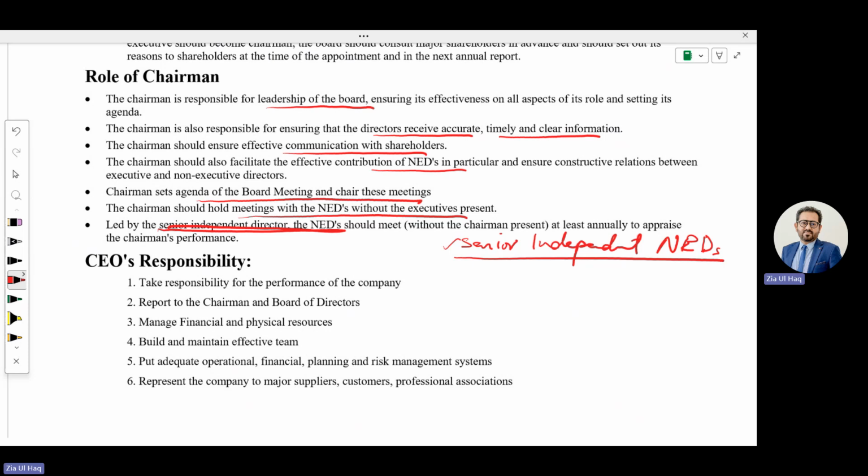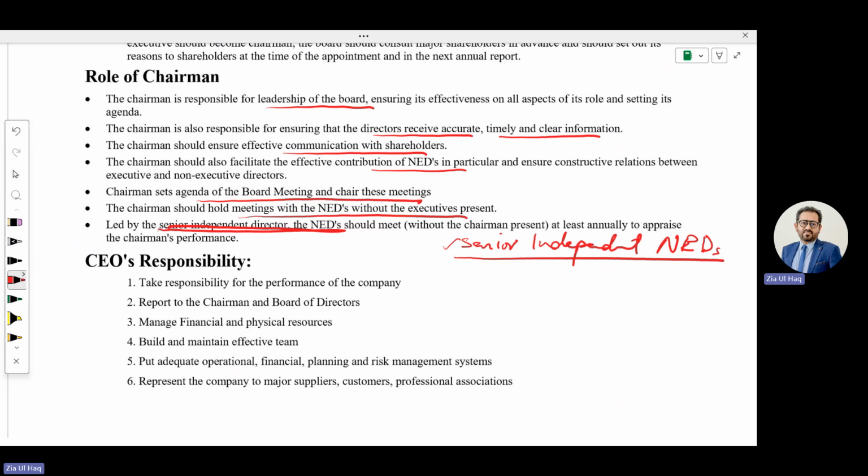And the chairman has to write his statement in annual reports as well. This is also his responsibility. So what are the roles of chairman? To lead the board meetings, to make sure every director has complete, timely, accurate information about board decisions. He must effectively communicate with shareholders.